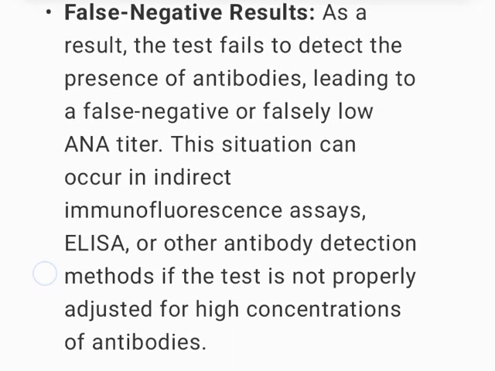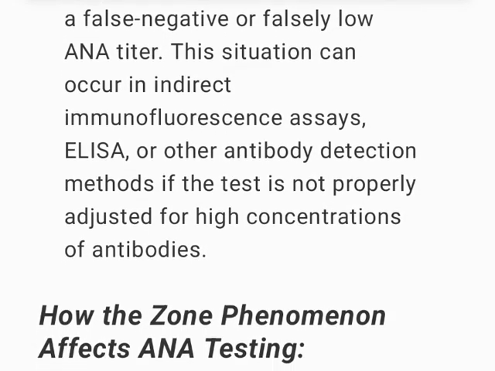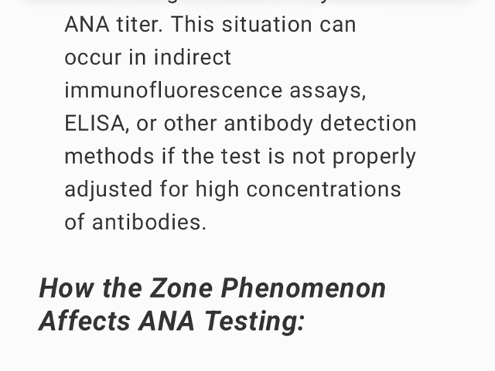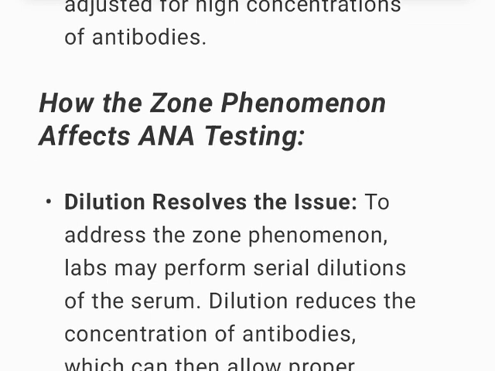False negative results. As a result, the test fails to detect the presence of antibodies, leading to a false negative or falsely low ANA titer. This situation can occur in indirect immunofluorescence assays, ELISA, or other antibody detection methods if the test is not properly adjusted for high concentrations of antibodies.